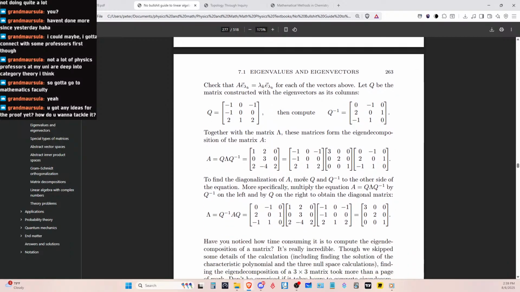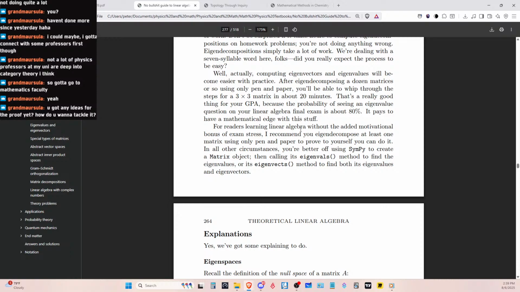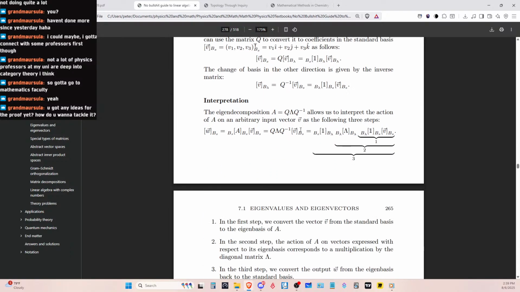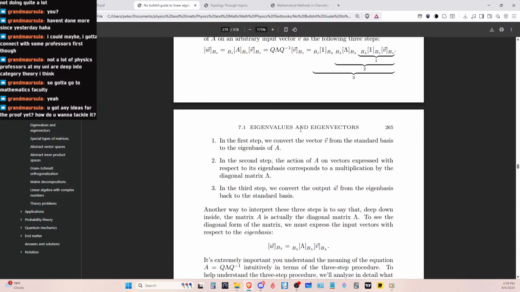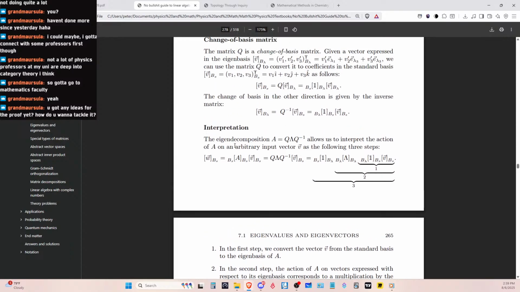Define diagonalization of A, move, let's see, interpretations, allow us to interpret the actions here.